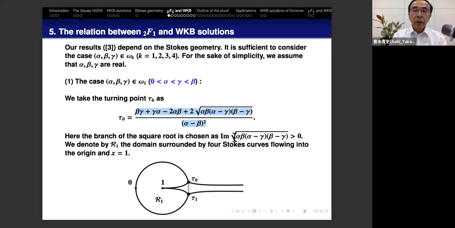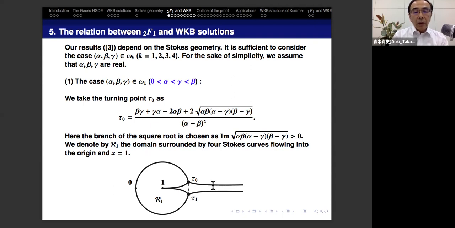Here we take the branch of the square root such that the imaginary part is positive. You see that by this condition, this part is negative. So we take the imaginary part of this one to be positive. This is tau naught.